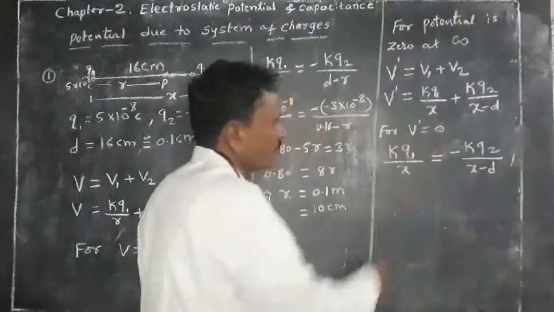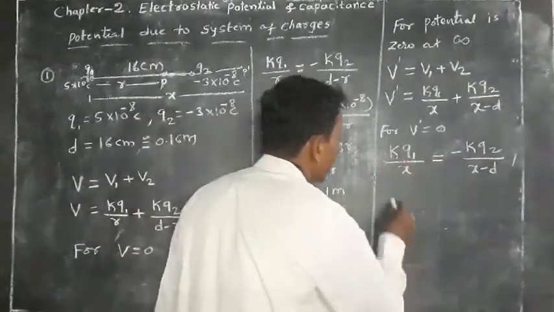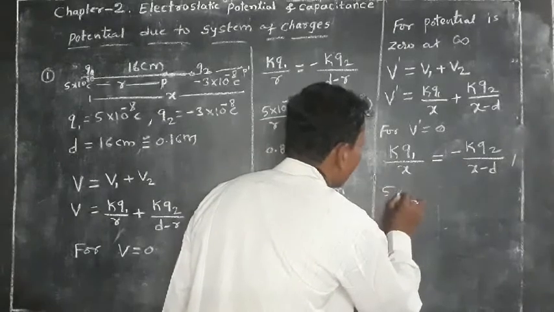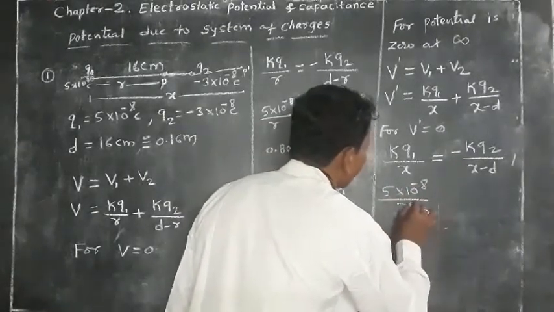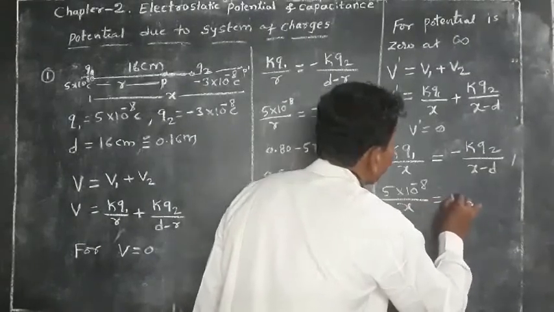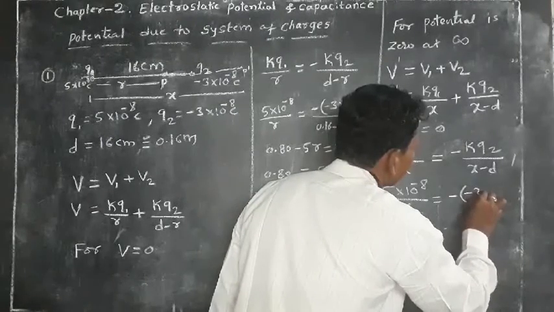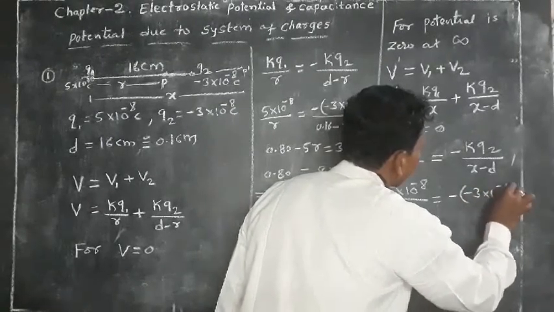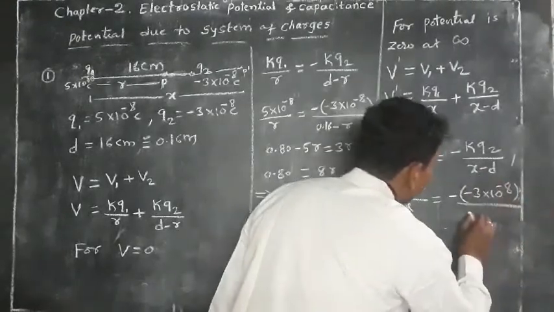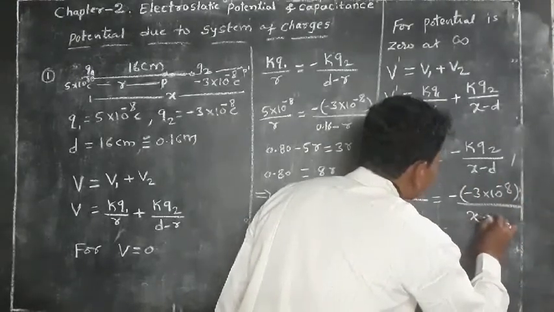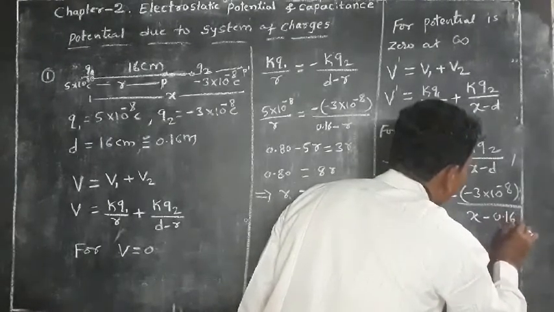Here K gets cancelled, remaining Q1 upon x, but Q1 equal to 5 into 10 to the power minus 8 upon x is equal to minus Q2. Q2 is again minus 3 into 10 to the power minus 8 coulomb upon x minus D. D is given, that is equal to 0.16 meter.